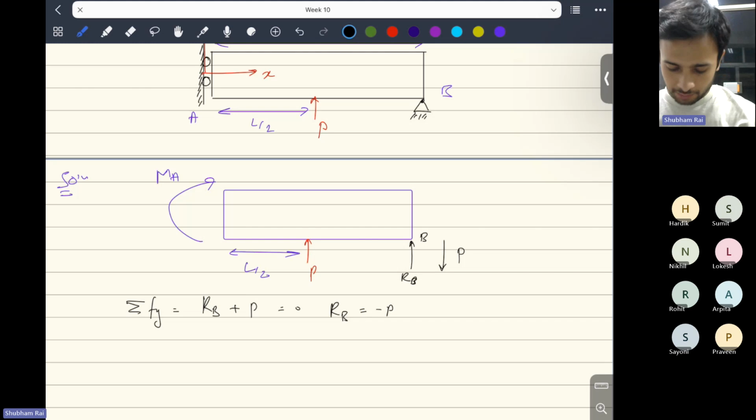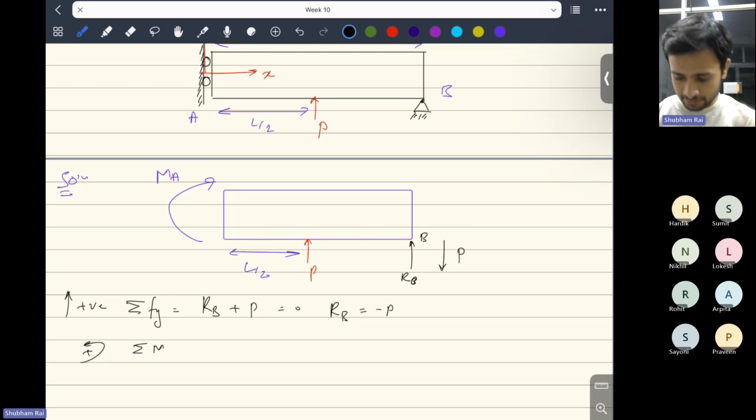Now let's find out MA. So in this case upward is positive, and on the positive face for the moments we have taken the convention that if we have a moment in the anti-clockwise direction, that is positive. So let's balance moment about the central point of the left end.